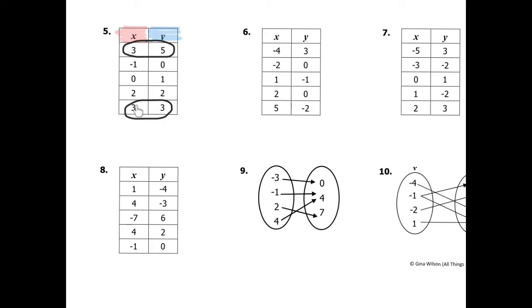So the input value of 3 does not have one output value. It has two separate outputs, 5 and 3. The repetition of my 3's here and here in a table tells me that this is not a function. I do not have one output for each input. You can put no, or not a function. It's a relation because it's a set of points that are connected, but it is not a function.